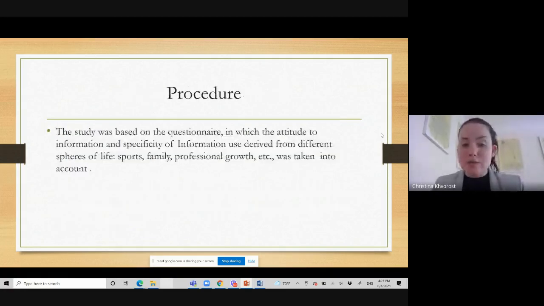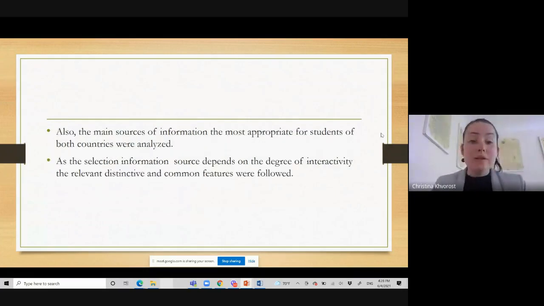The study was based on a questionnaire in which the attitude to information and the specificity of information used, derived from different spheres of life, for instance, sports, family, professional growth, and others, were taken into account. Also, the main sources of information, the most appropriate for students of both countries, were analyzed.